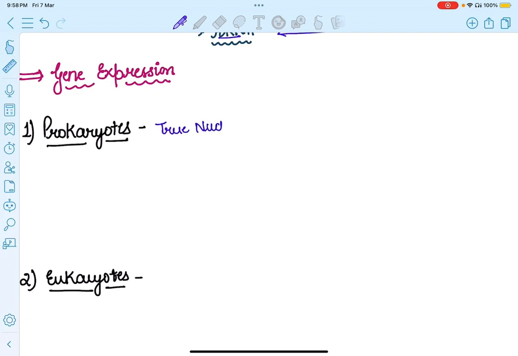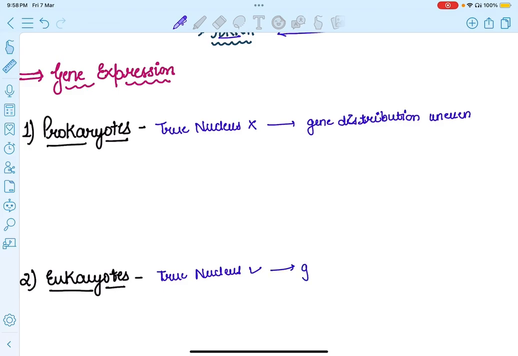As we have studied earlier, their true nucleus is absent, while eukaryotes have a true nucleus, which means that in prokaryotes, the gene distribution is uneven, while over here, the gene is distributed in the nucleus evenly.